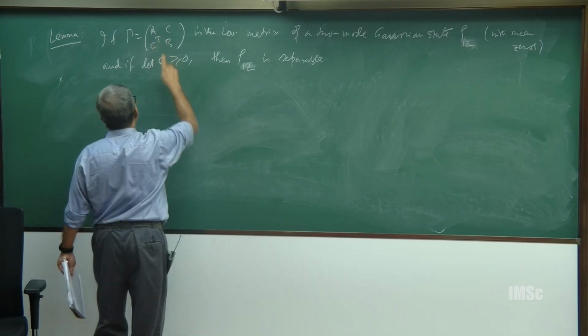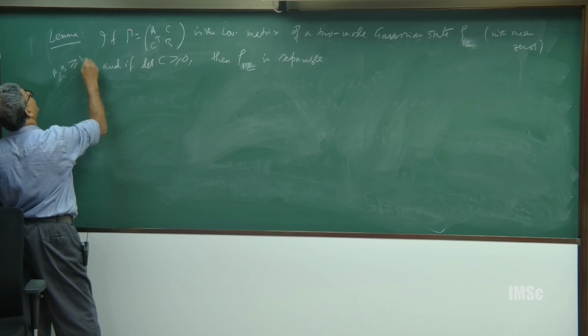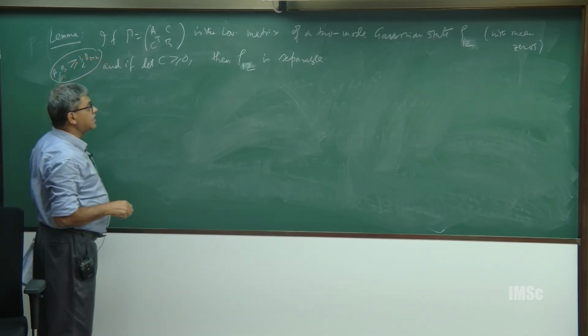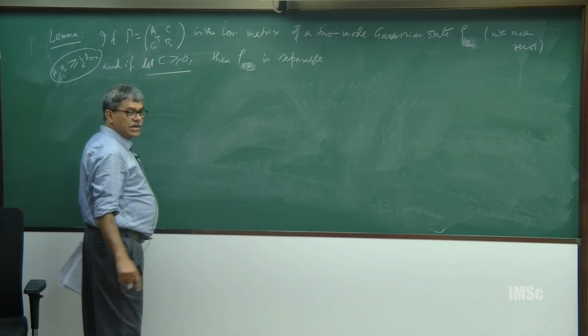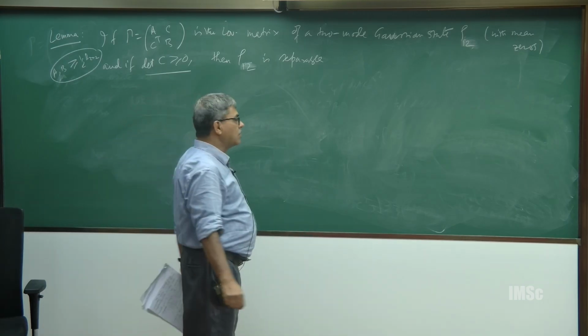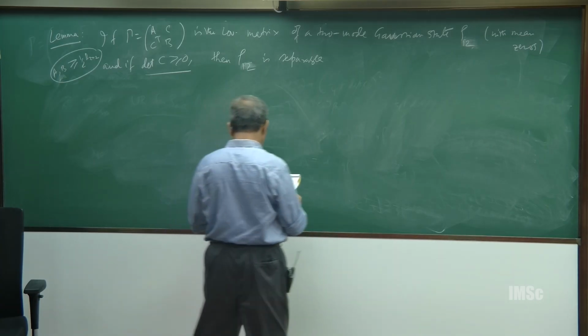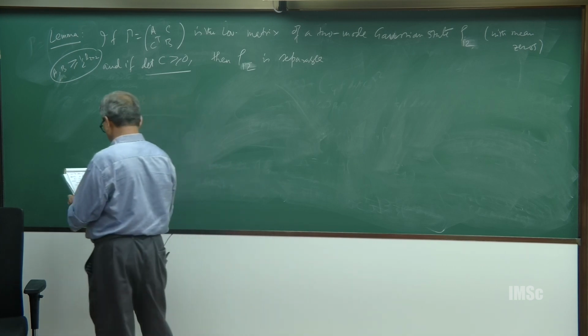See, A and B are already positive matrices, half identity 2 plus 2, these we know by uncertainty. But on top of that, if this is greater than or equal to 0, then this is separable. Okay, for a two mode Gaussian state, not for an arbitrary state, this is what is going to happen.